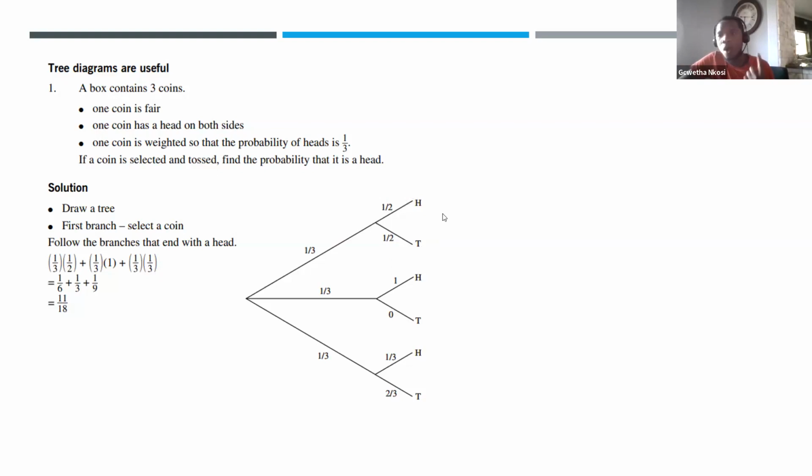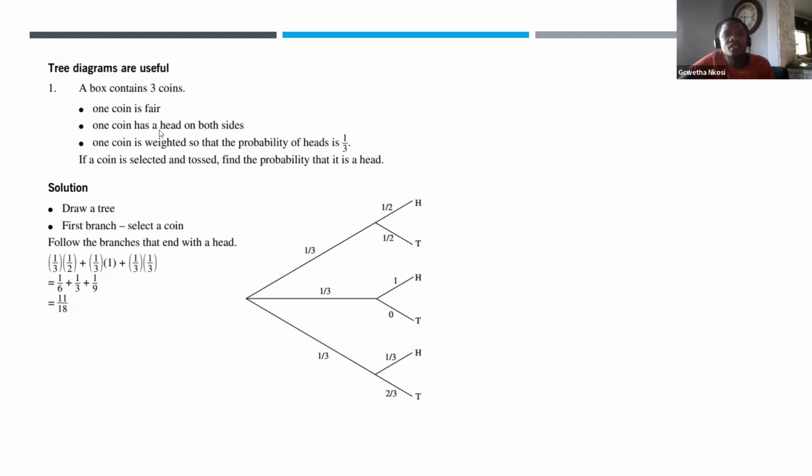So remember the outcomes of the coin are head and tail. How many times the head will appear is once. How many times the tail will appear is once. So it's 1/2, 1/2.